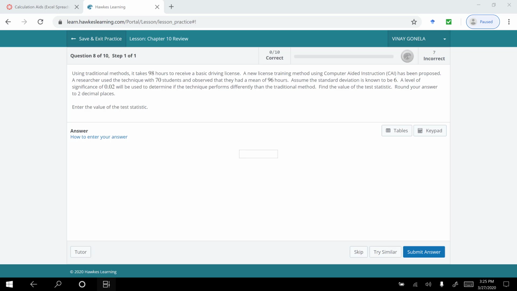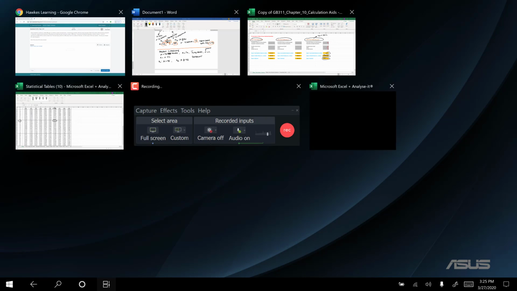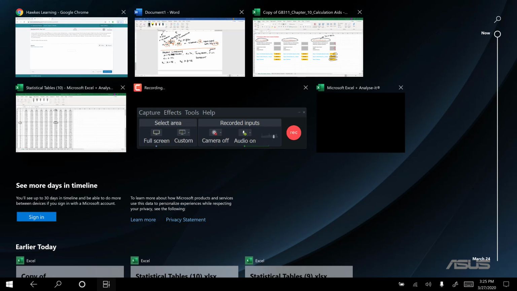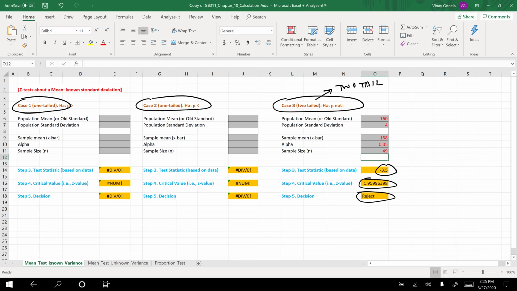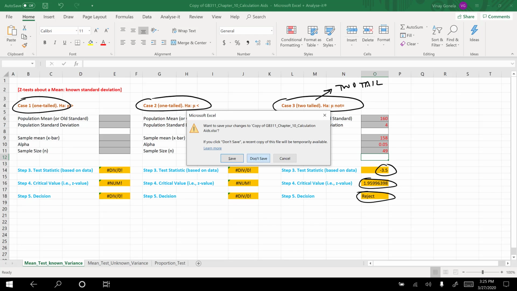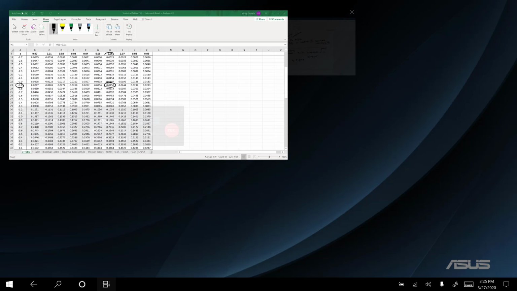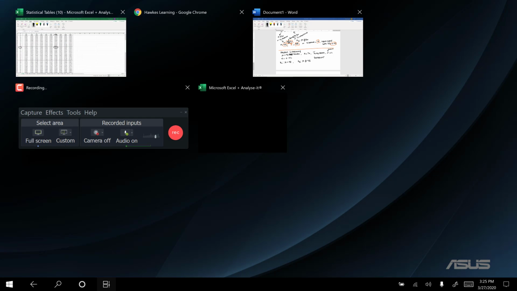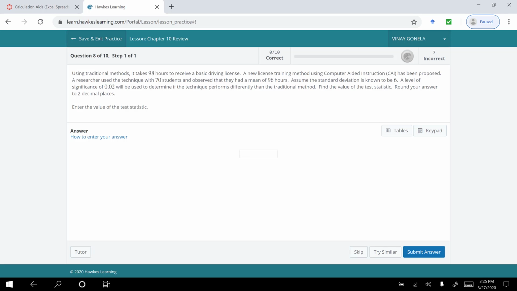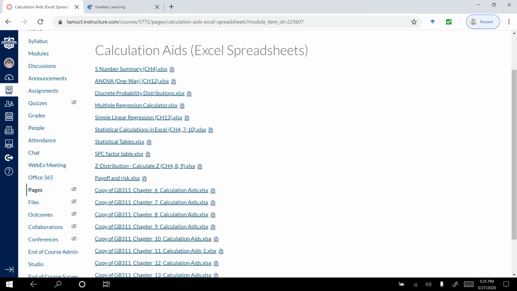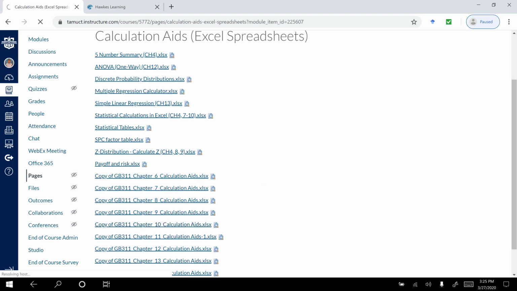So I will take these values to our calculation aids and try to calculate. Maybe I will open a new calculation aid. So I will go to our modules and download the chapter 10 calculation aids.